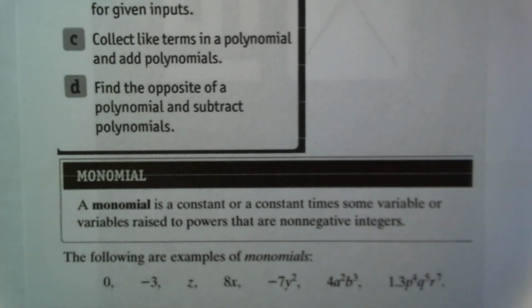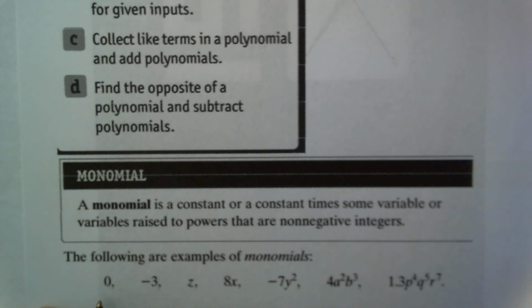The first of many vocabulary words is that of a monomial. And a monomial is a constant or constant times some variable or variables raised to powers that are non-negative integers. So the non-negative powers, that's really important. You will see later on.